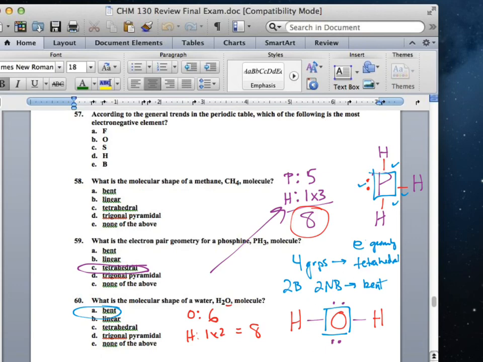Do we need to do 58? No, we didn't just do 58. CH4, where do we start? Valence electrons for carbon, 4. Valence electrons for hydrogen, 1, times 4, which gets us 8. Central atom, carbon. Scatter our other atoms around it. Pairs of electrons.